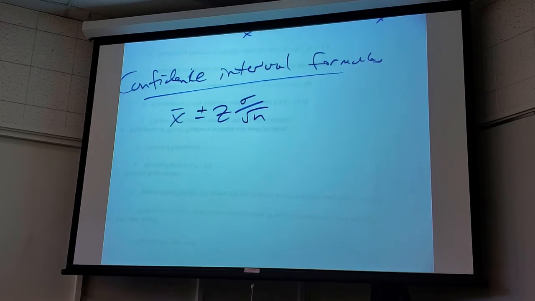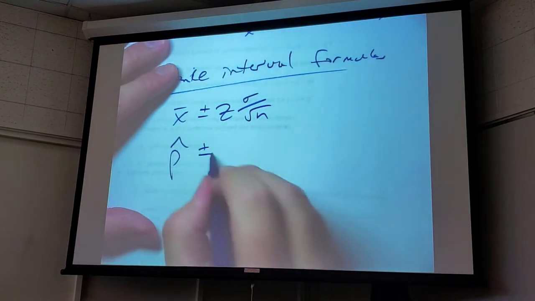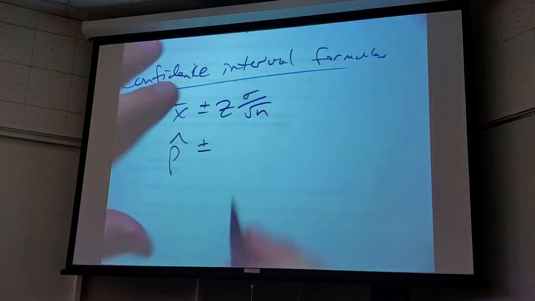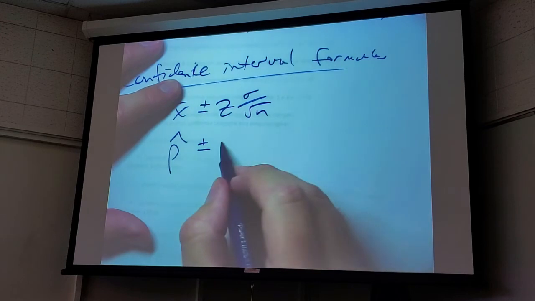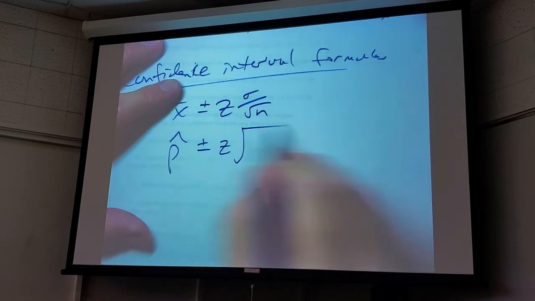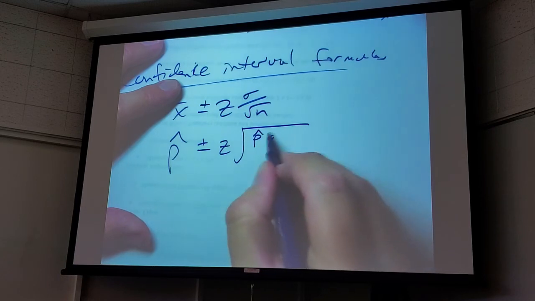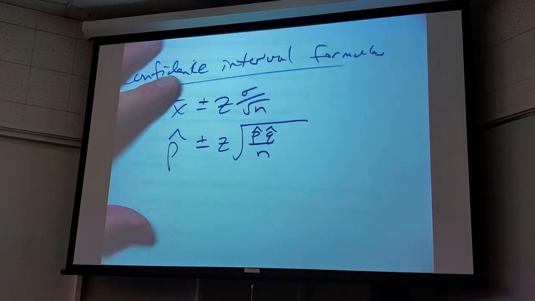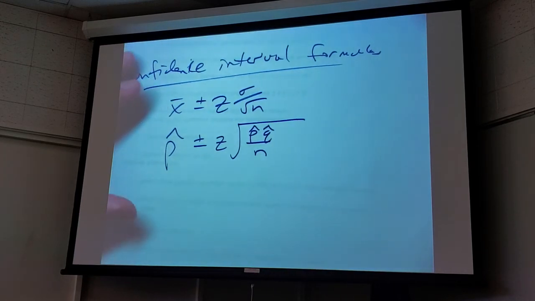Now, what's the one for p hat? Sorry, anybody remember? And then p hat times q hat over the, I got you. Now watch. They're both basically the same. X bar and p hat are our sample information. That's our best guess.